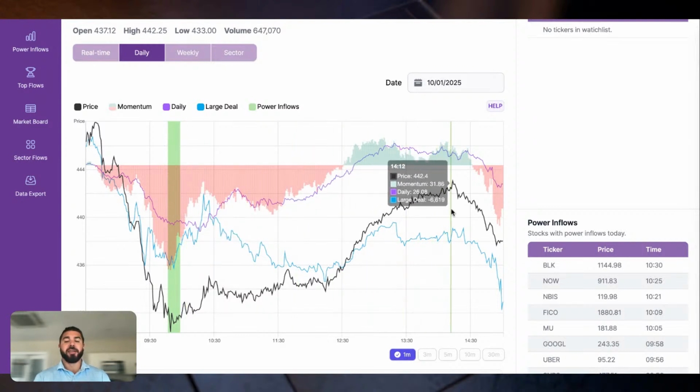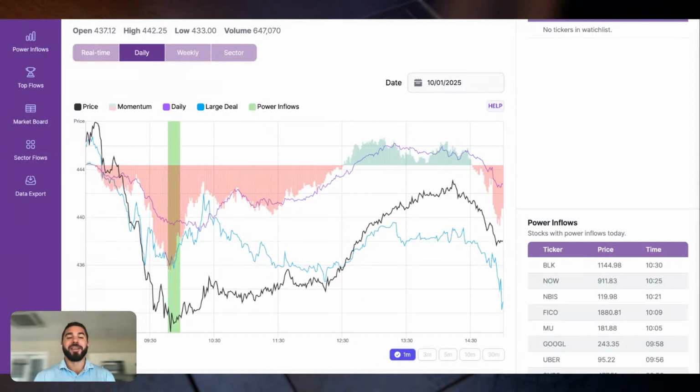Towards the end of the day, the intraday high following that power inflow signal, it got up to 443. So on a day where the stock was actually down 2%, you could have made around 3% just from following the power inflow signal and buying in at a lower point.